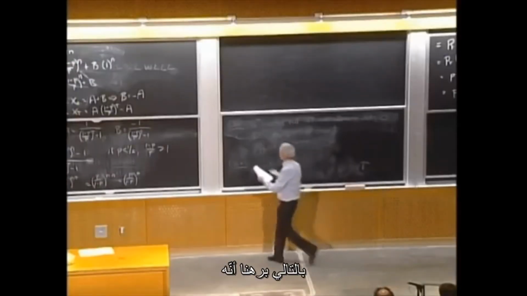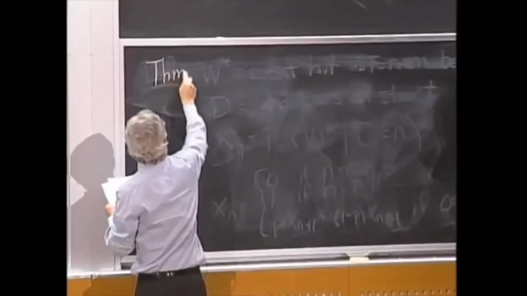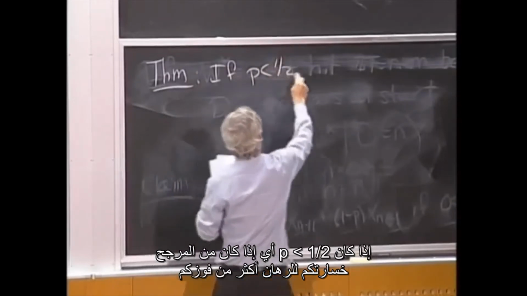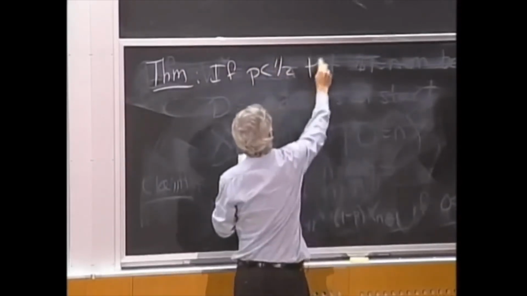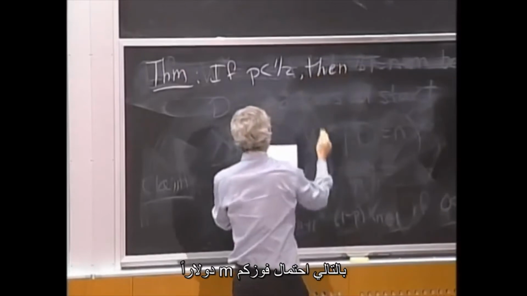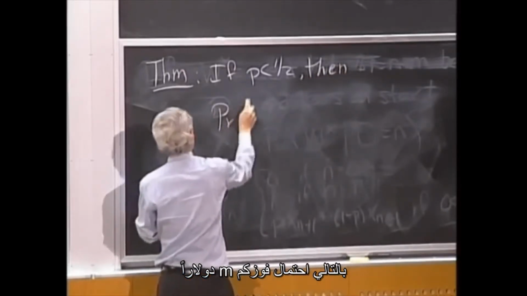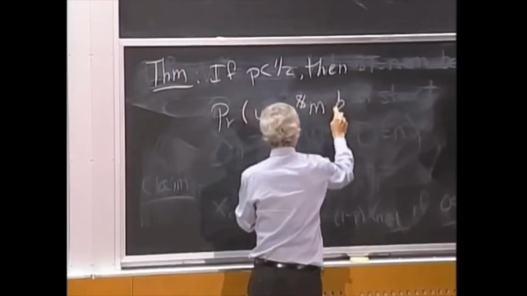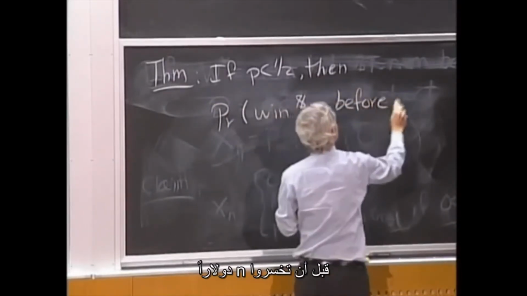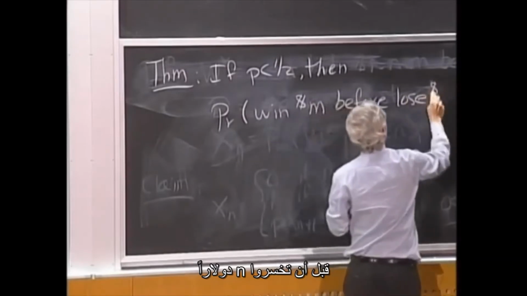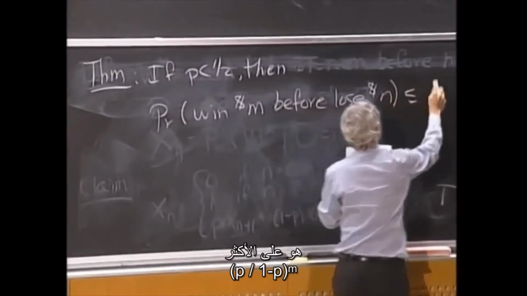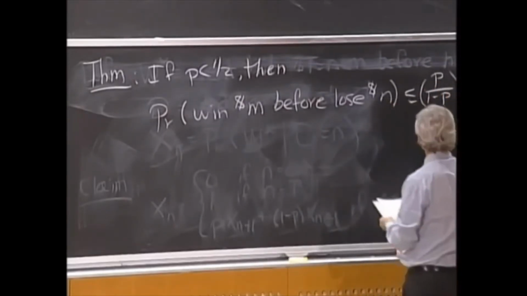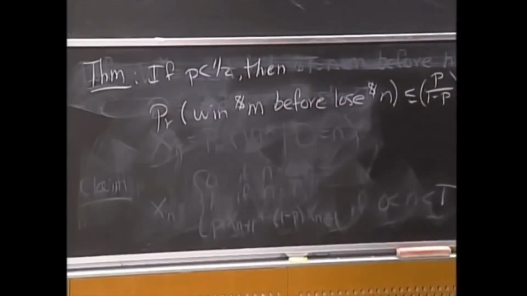We proved that if p is less than a half, if you're more likely to lose a bet than win it, then the probability that you win m dollars before you lose n dollars is at most (p over 1 minus p) to the m. That's what we just proved.